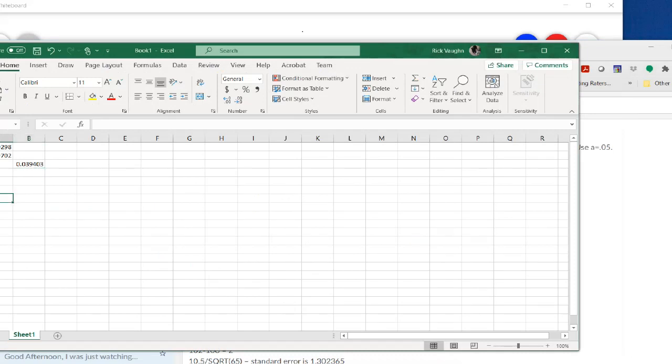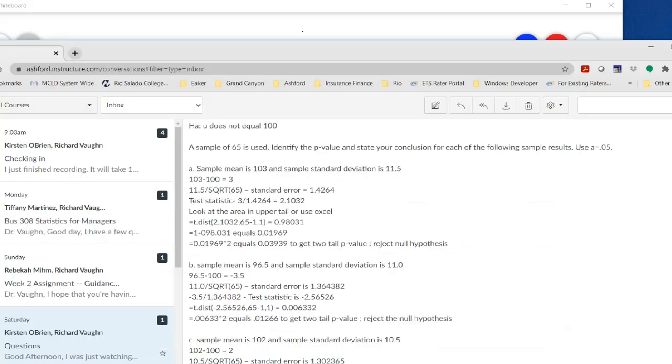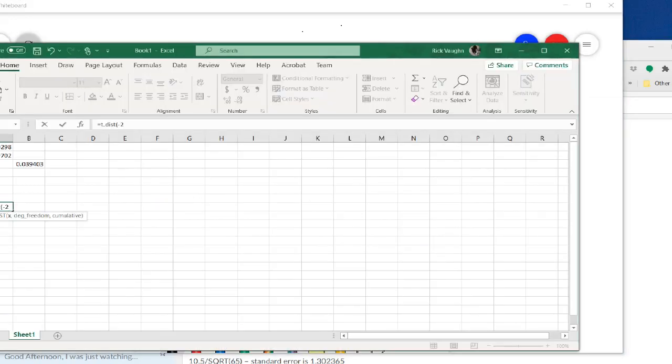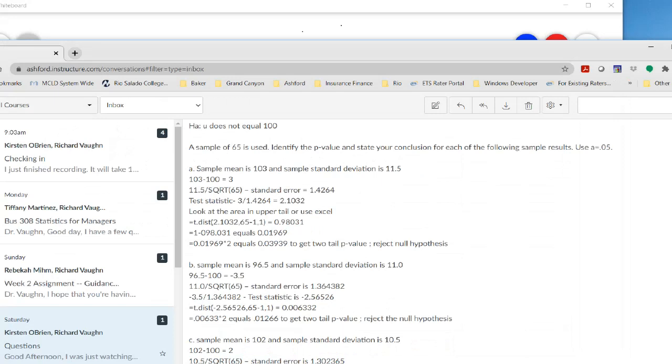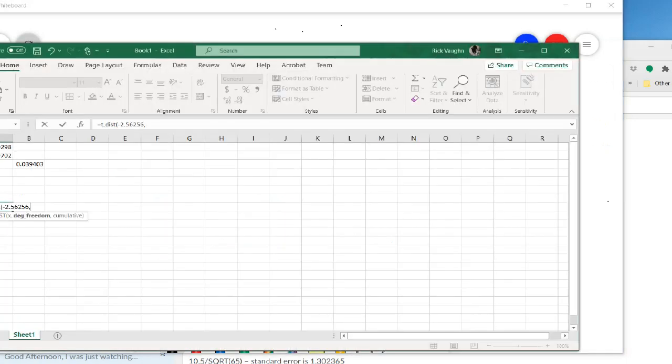So for part B, I would do equals T.DIST and feed it the negative 2.56526, with 64 degrees of freedom, cumulative true.